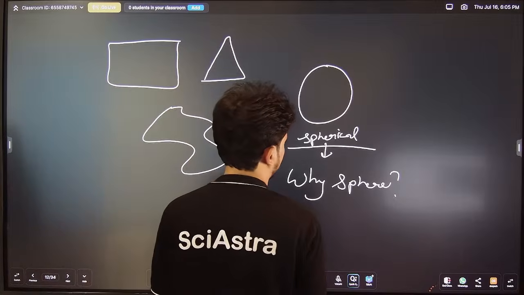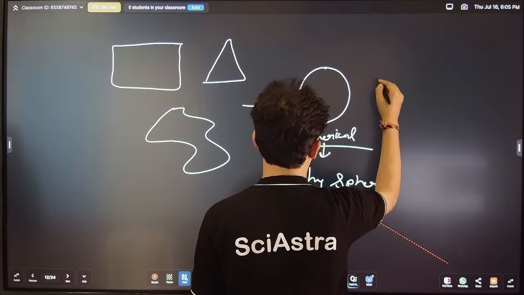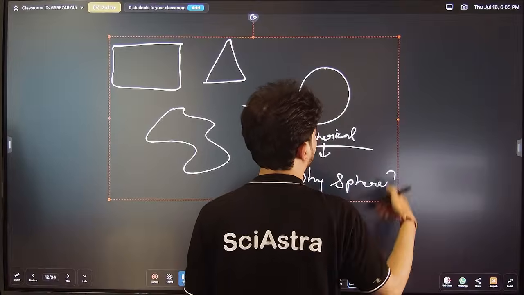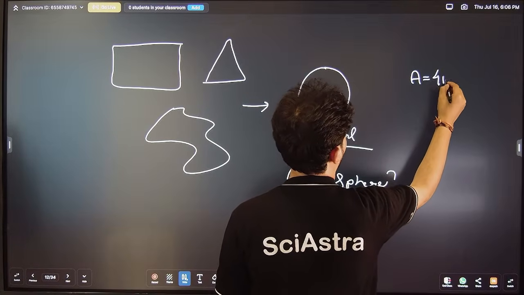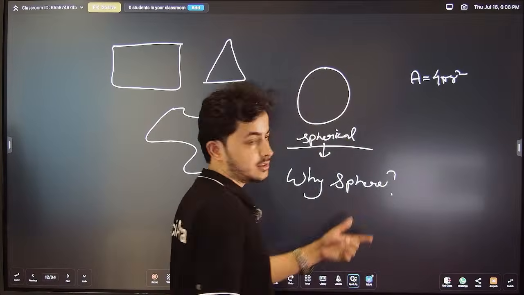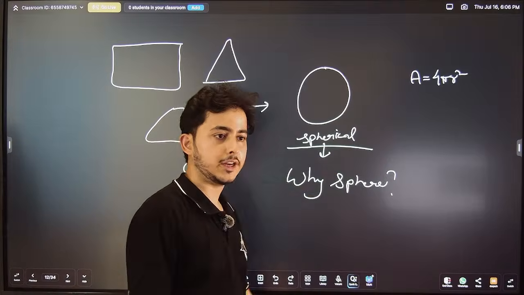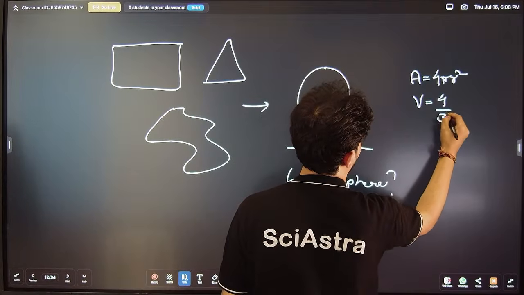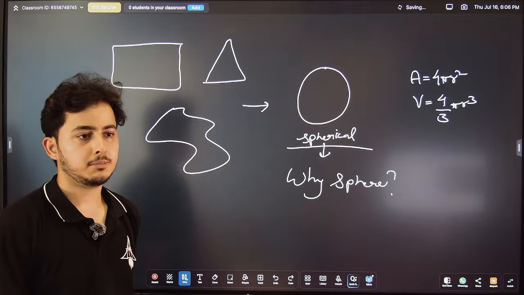If we talk about the area of the sphere, the area of the sphere is 4 pi r square. This is how we define the area of the sphere. Everyone knows this formula, correct? And the volume of the sphere is 4 by 3 pi r cube.